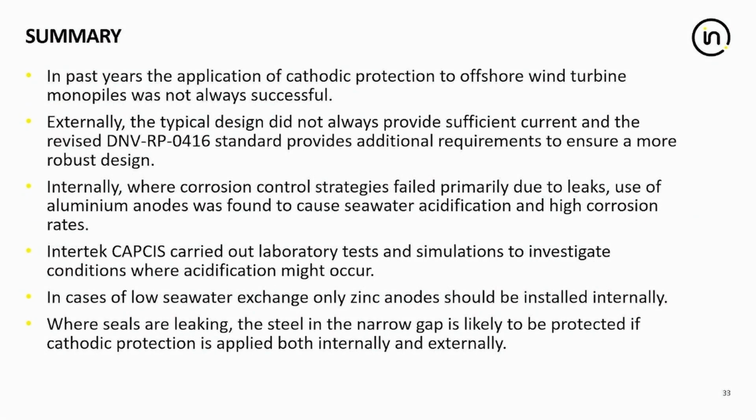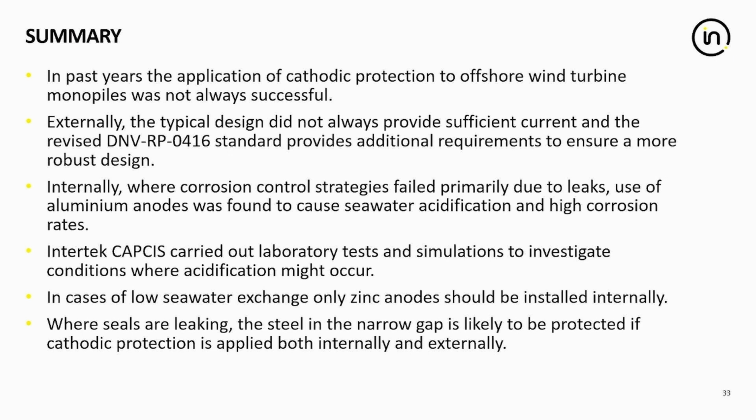And to summarise the overall work, in the past years, the application of cathodic protection was not always successful. The new standard addresses many of the issues that came up, so now the new designs will be more robust.